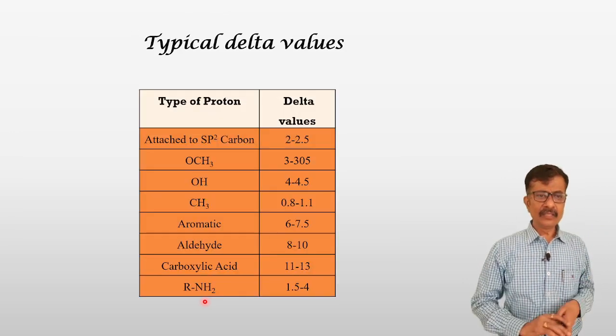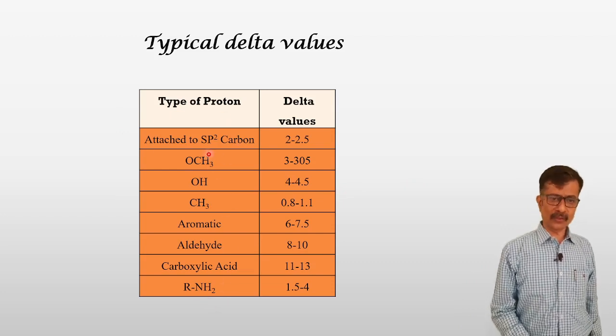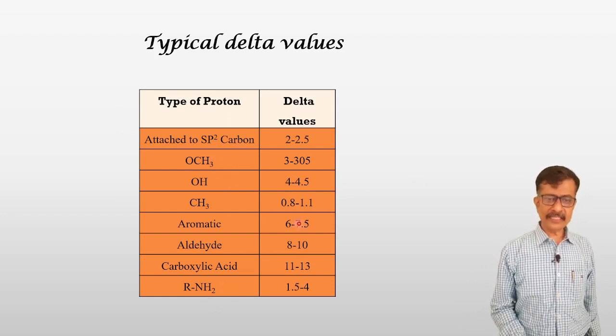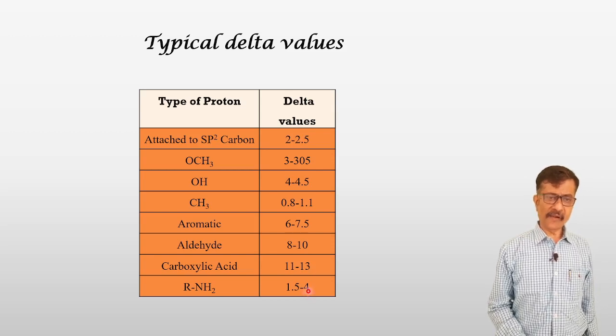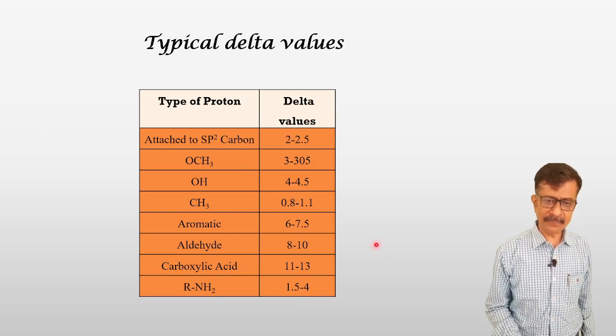Now, if we look at this again, typical protons will have typical delta values: sp2 carbon, OCH3, OH, these delta values are typical.